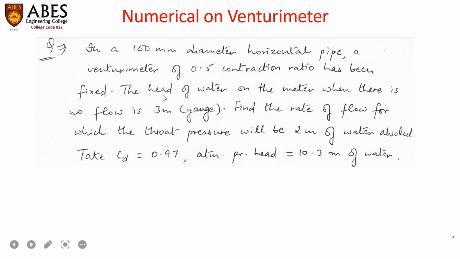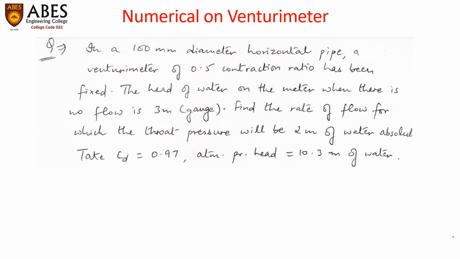After that, the head of water on the meter when there is no flow is 3 meter gauge. So here the value of head of water is given, and I told you that head will be pressure divided by rho g. When there is no flow, the inlet condition will be 3 meter gauge.